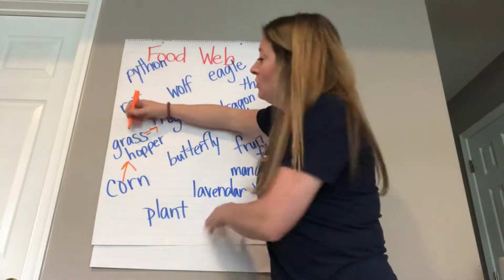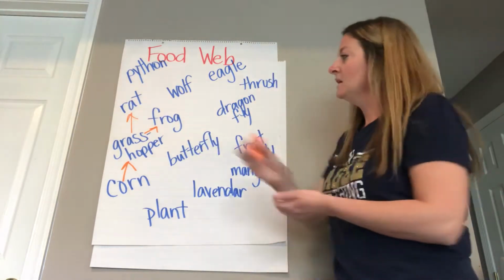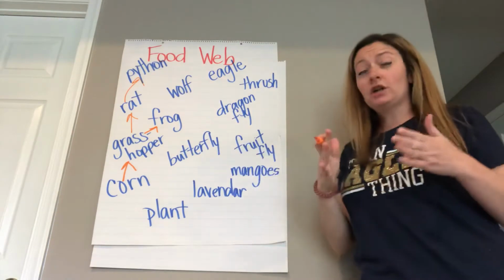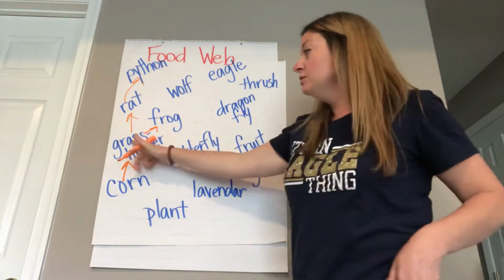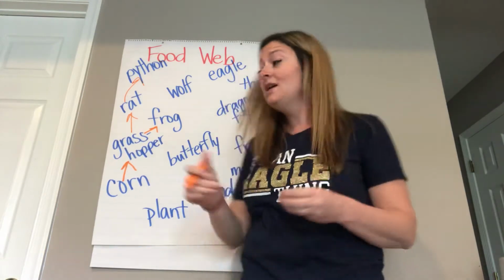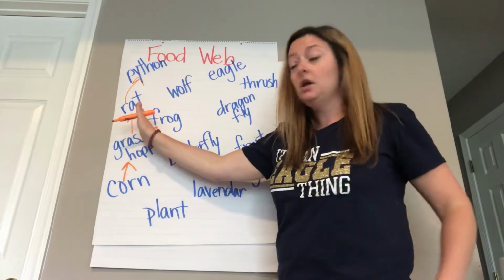Okay, it will also get eaten by a rat, and the rat will give its energy to the python. So we've started basically here a food chain. If you notice, the grasshopper has two arrows coming off of it because it gives energy not only to the rat, but also to the frog.